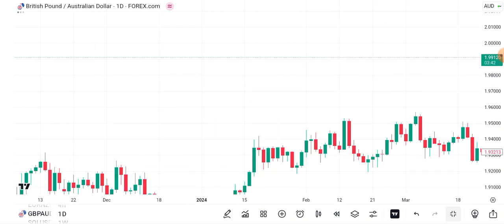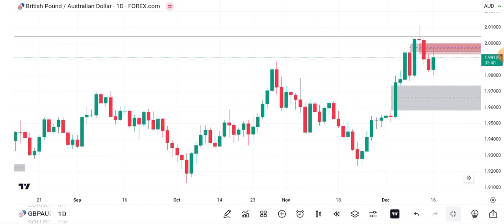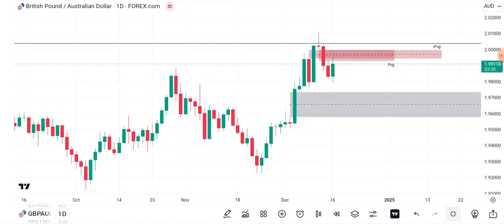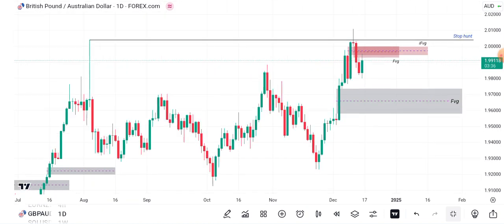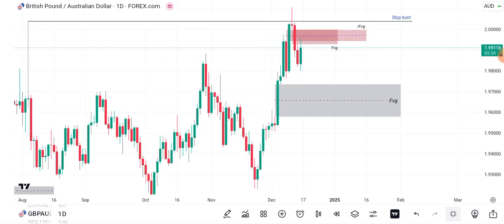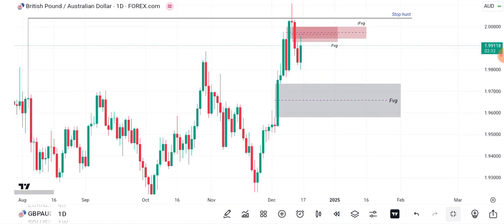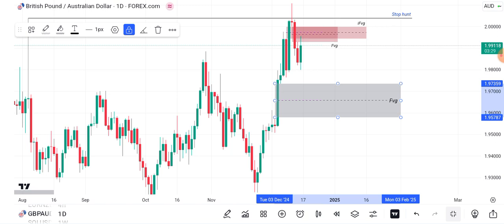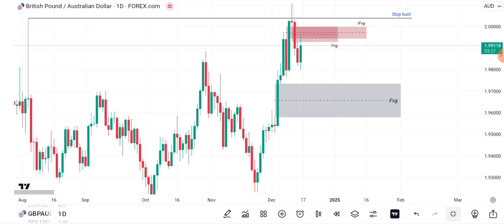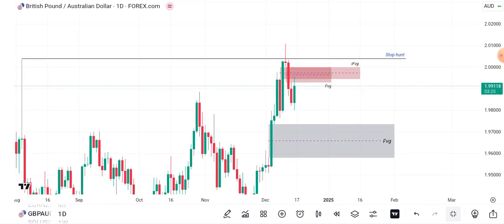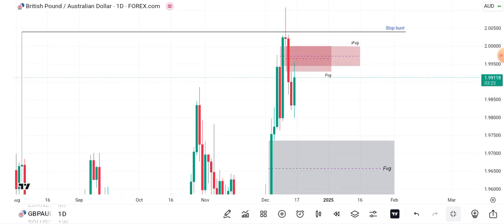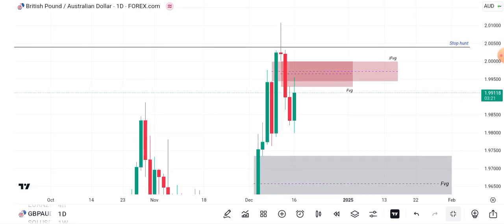On the daily time frame, we will see the area of the stop point, yes, there, and a larger fair value gap highlighted as follows. Then let me increase this a little so that we can appreciate what's happening here.